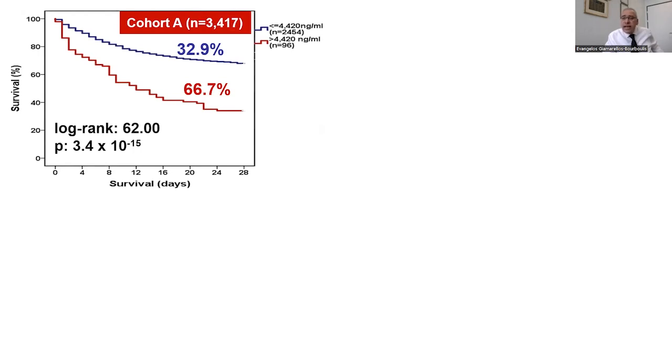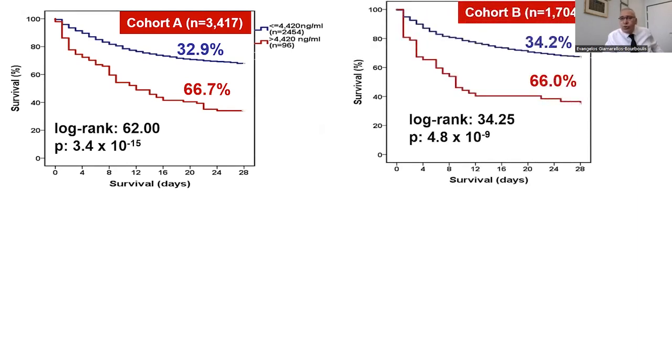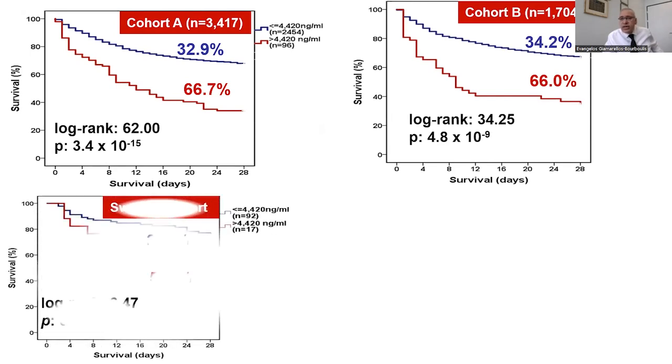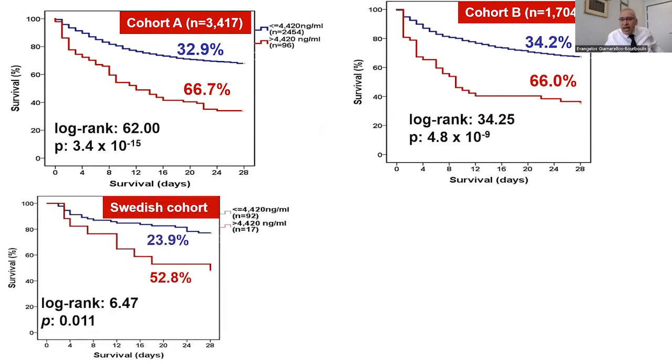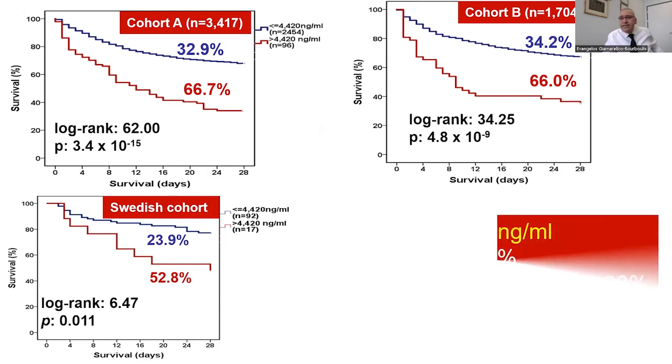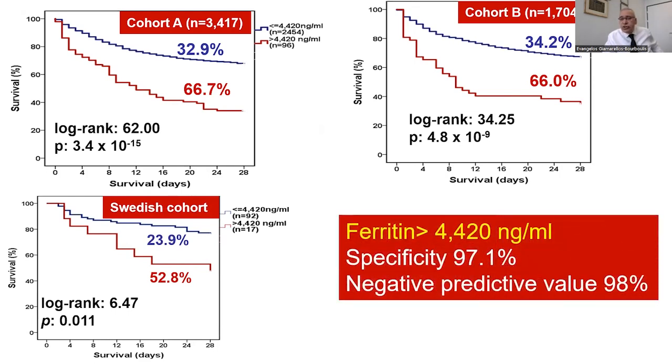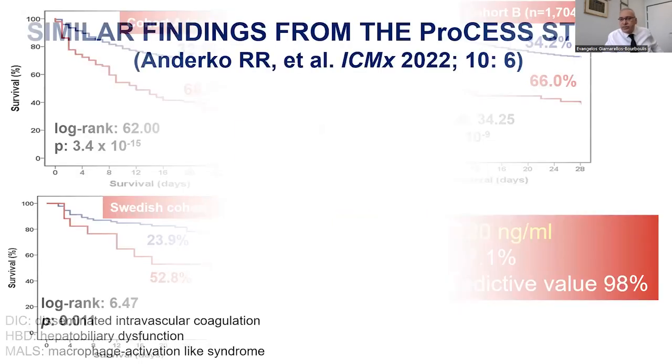In the first cohort, patients with such high concentration ended up with a mortality after 20 days of 66.7%, but also in the second cohort, we see that it is fully repeatable. And then we studied an independent cohort coming from Sweden, and again, we have a validation of the finding. As a matter of fact, such high concentrations of ferritin have a specificity of 97.1% and a negative predictive value of 98% for the classification of the patients into macrophage activation-like syndrome.